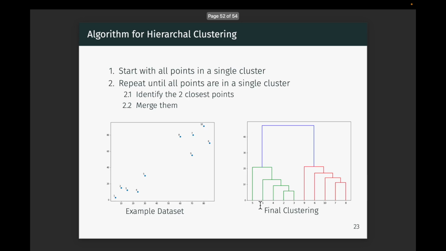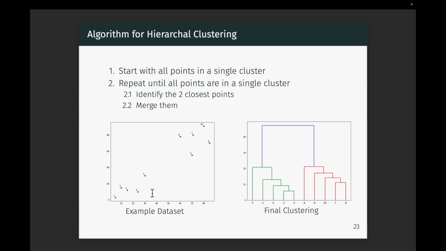Next, you would replace these 2 points with another point, which is, let's say, the midpoint of these. That midpoint would now perhaps also be close to 1 or 4. And when you have combined 2 and 3, that is very close to 4.